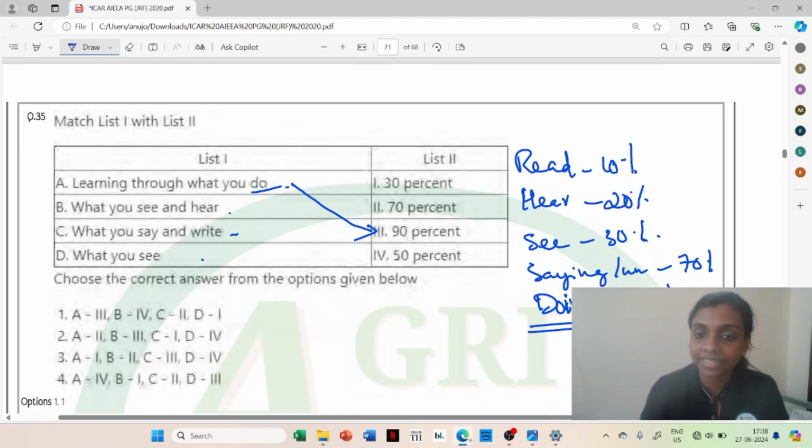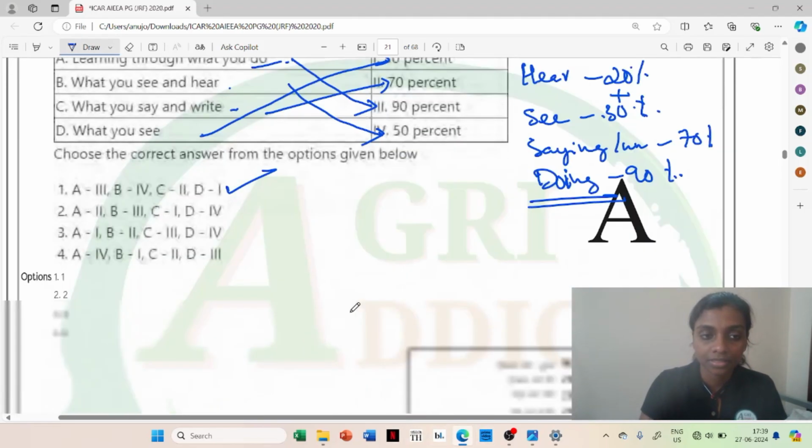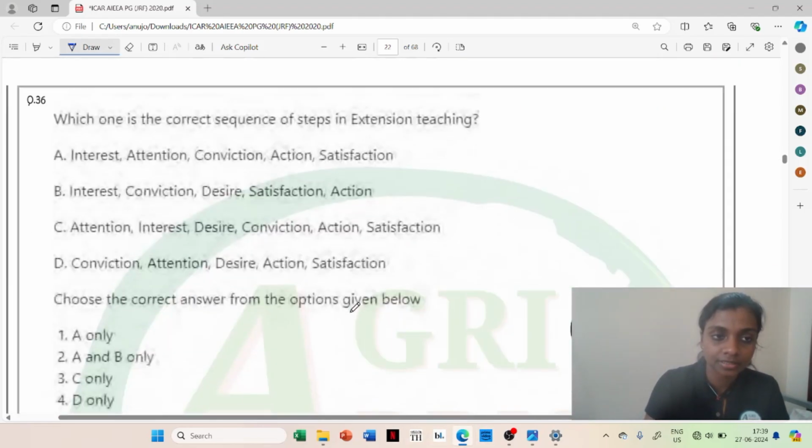What you see and hear, 30 plus 20, which is 50%. What you say and write is 70%. What you see, seeing, is 30%. So the option is A3, B4, C2 and D1. A3, B4, C2, D1, option 1. These are direct questions.